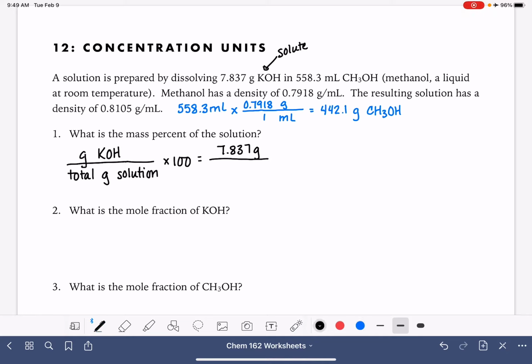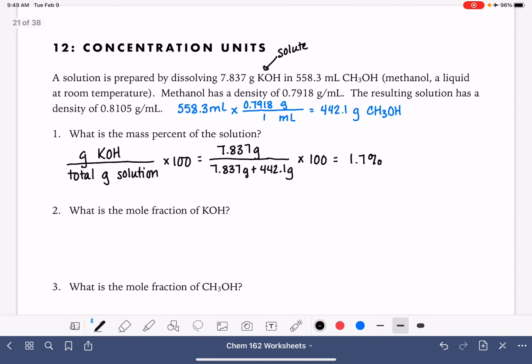So the total mass of the solution is the mass of the KOH, 7.837 grams, plus the mass of the CH3OH, 442.1 grams. And we want to multiply the whole thing by 100, 7.837 divided by all of that times 100, 1.7%.